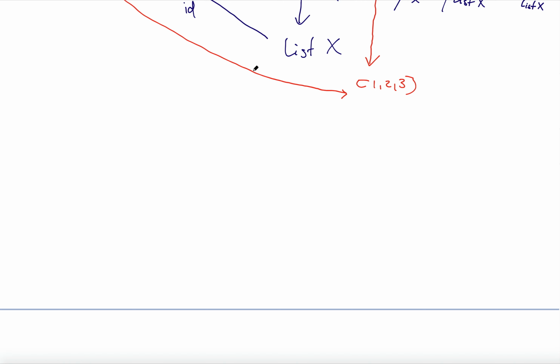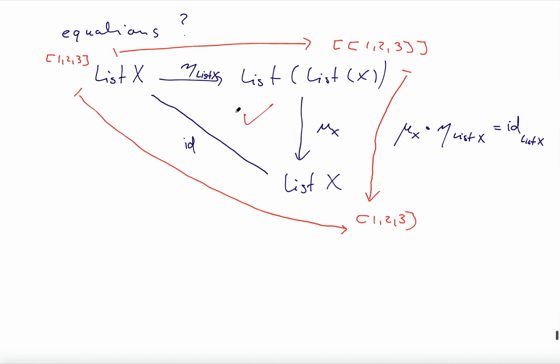Before I go on, actually, maybe I should say one more thing, that this equation is kind of formally similar to the equation of monoids, which is telling us that if I do a multiplication with an identity, then with a neutral element, then I get the identity.